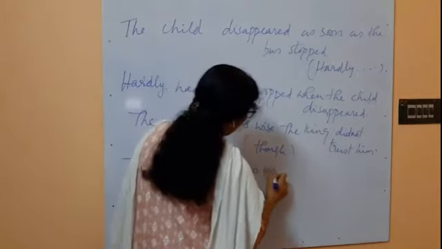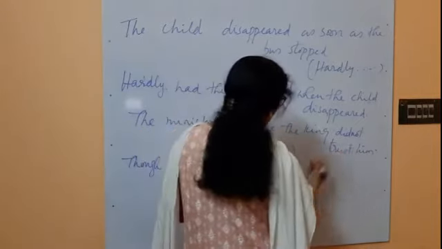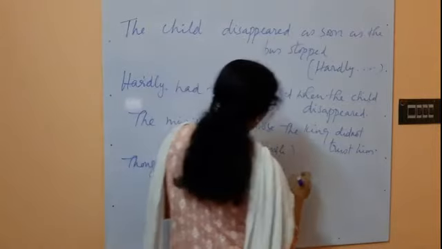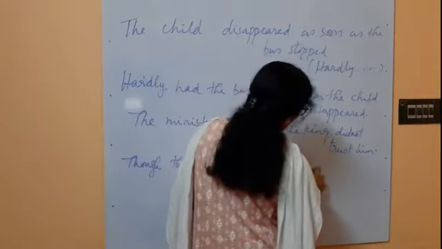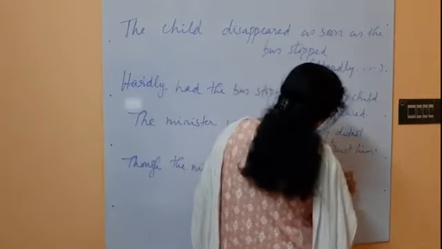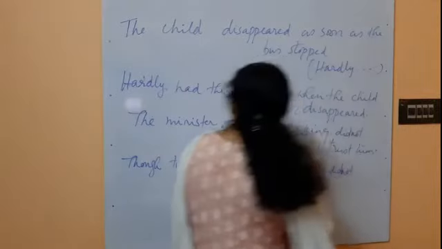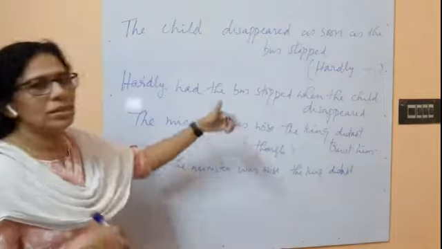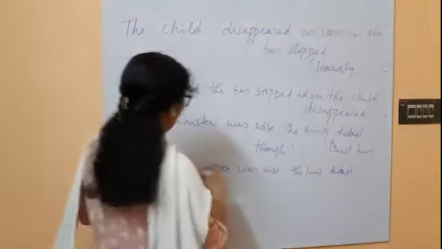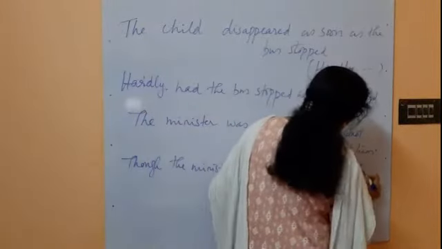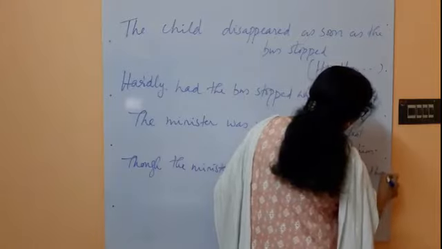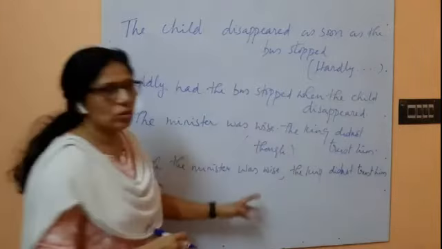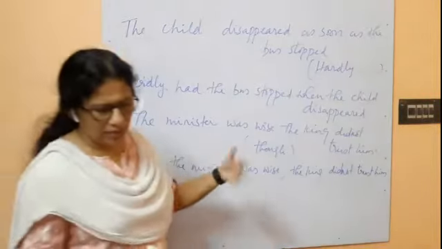This is the opposite of what is expected. Normally, if a minister is wise, the king should trust him, but instead the contradictory thing happened here. Though the minister was wise, the king did not trust him. So this is with though, which you have already studied before.